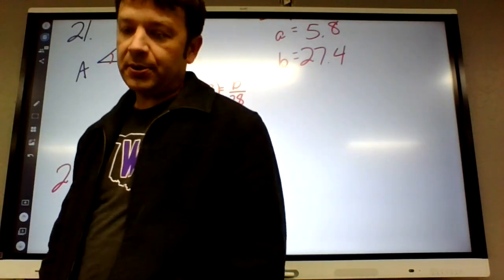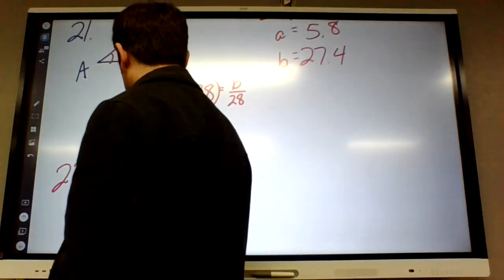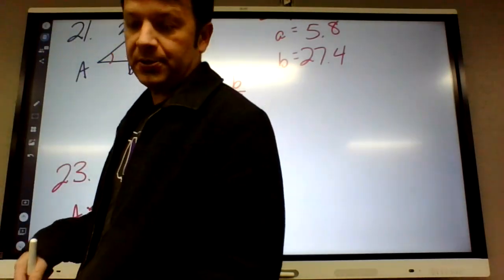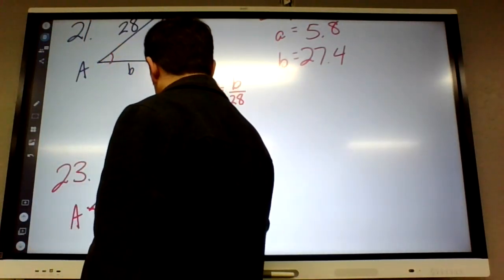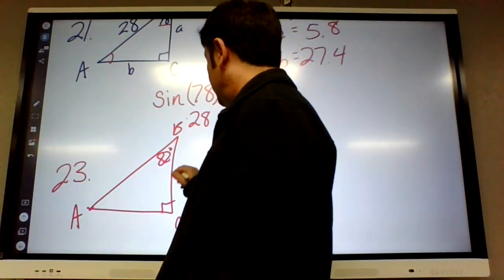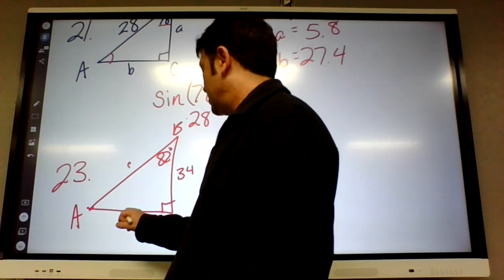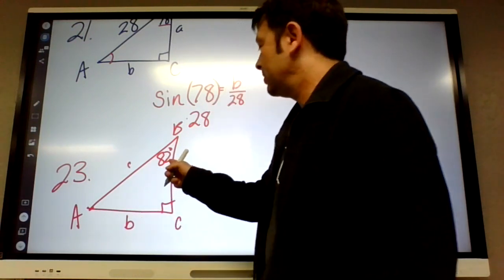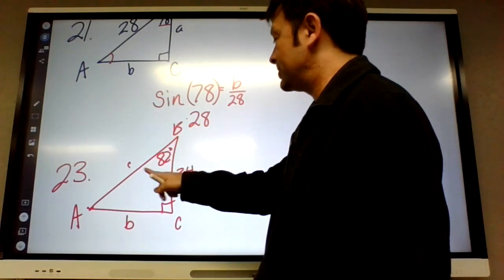Okay, on 23, we got an 82-degree angle and A is 34. Wait, 82 degrees is on angle B. By the way, this picture from the book, which I copied up here, does not match their description at all.